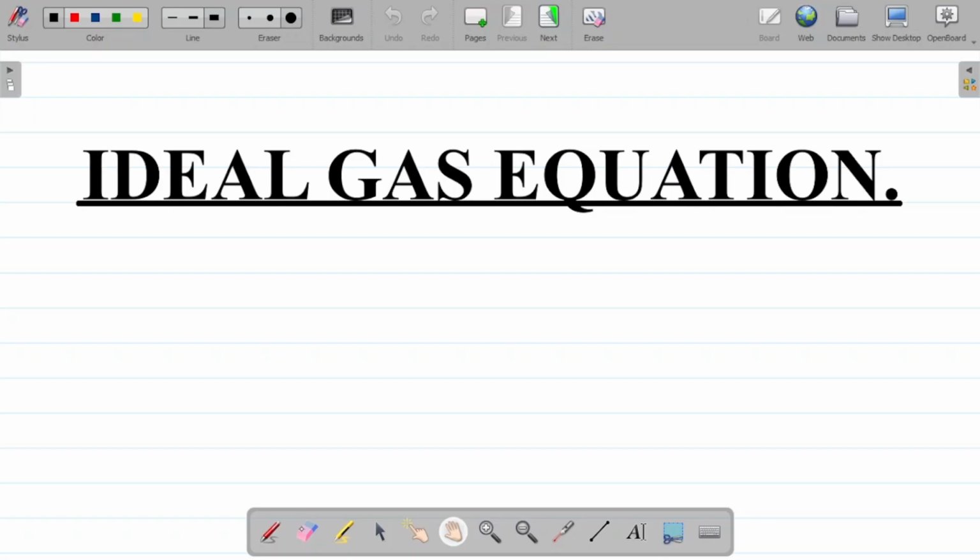Now note this, when it comes to gases, there are four quantities that are important in all experimental work, measurement, or calculations involving gases.